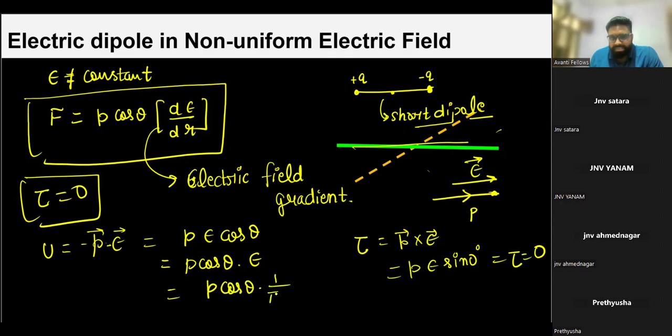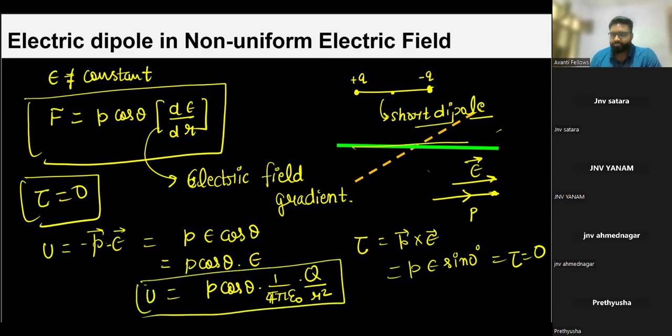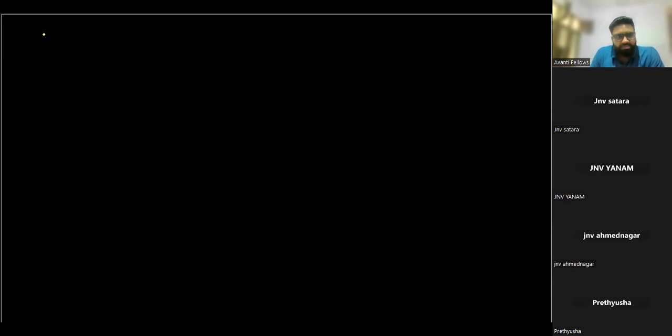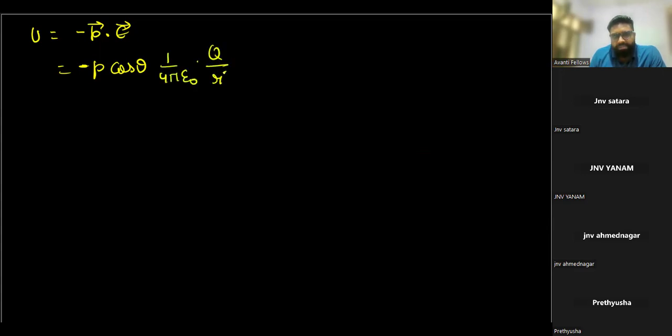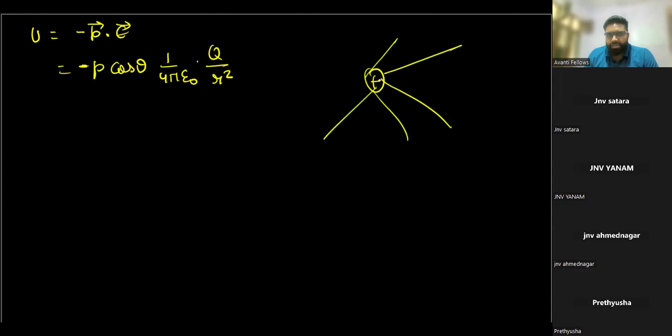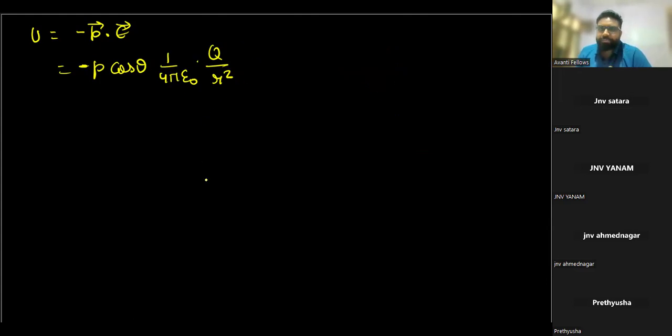E की वैल्यू, पॉइंट चार्ज से कितना फील्ड आता है, 1/4 पाई एप्सिलॉन नॉट Q अपॉन R स्क्वायर. दिस इज द एक्सप्रेशन फॉर पोटेंशियल एनर्जी. ठीक है, लेट मी जस्ट शो यू हियर. माइनस P डॉट E, minus of P cos theta into 1/4 पाई एप्सिलॉन नॉट Q अपॉन R स्क्वायर. तभी तो फील्ड वेरिएबल हुई ना. अब देखो पॉइंट चार्ज से फील्ड ऐसी होती है, इधर उधर पैरेलल तो नहीं है, विच मींस नॉन यूनिफॉर्म फील्ड है. ठीक है, दैट इज व्हाई रिटन द एक्सप्रेशन हियर.